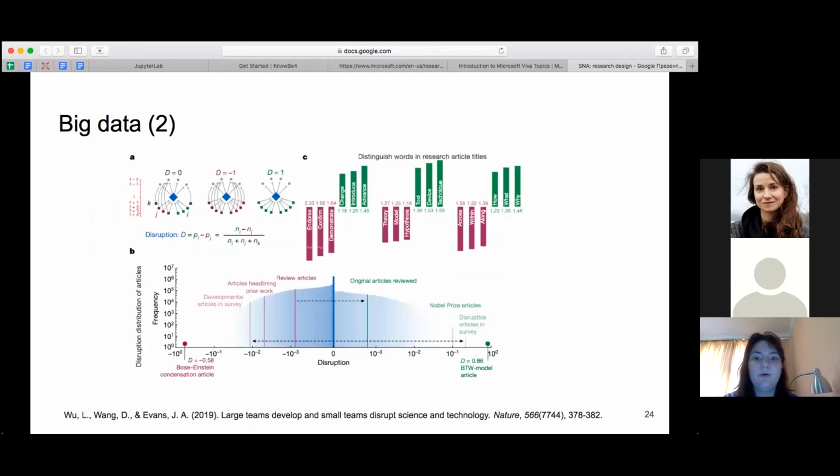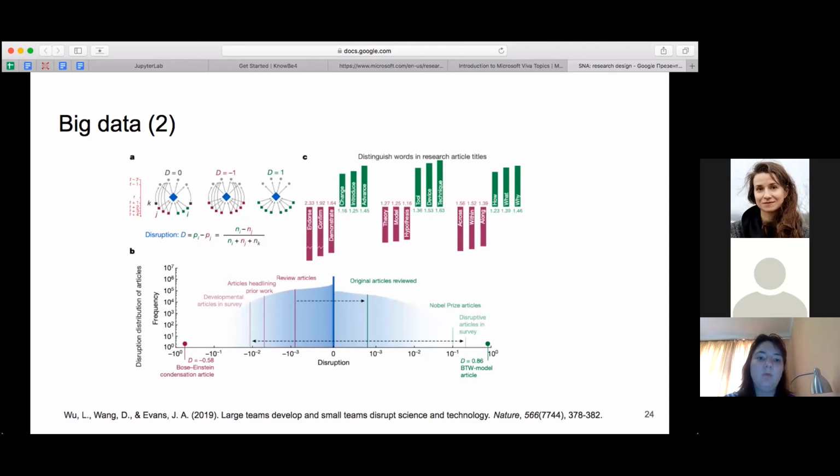And for each publication in these databases, authors computed the disruption index. The disruption index measures the impact and the novelty of a particular paper.